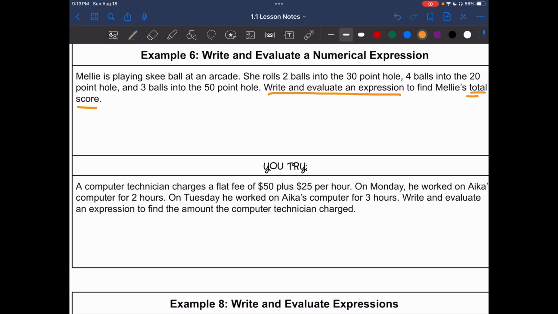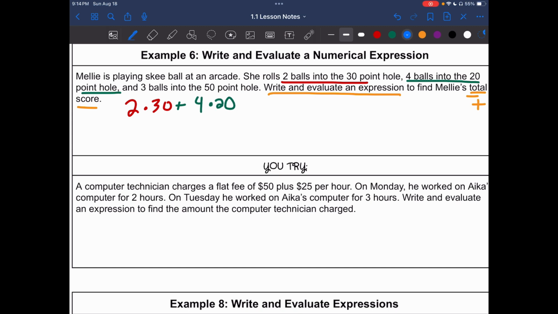Well, let's take a look at that. If we're doing total, that tells us we are adding. We are going to be adding all of the points up that she is gathering. So she rolls 2 balls into the 30-point hole. Well, that's going to be 2 times 30, because that's what she's gotten on those first 2. 4 of them landed in the 20-point hole, so we're going to add 4 times 20.